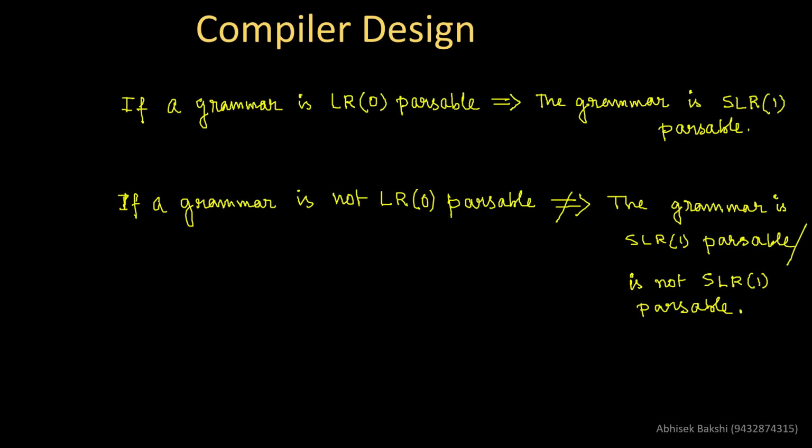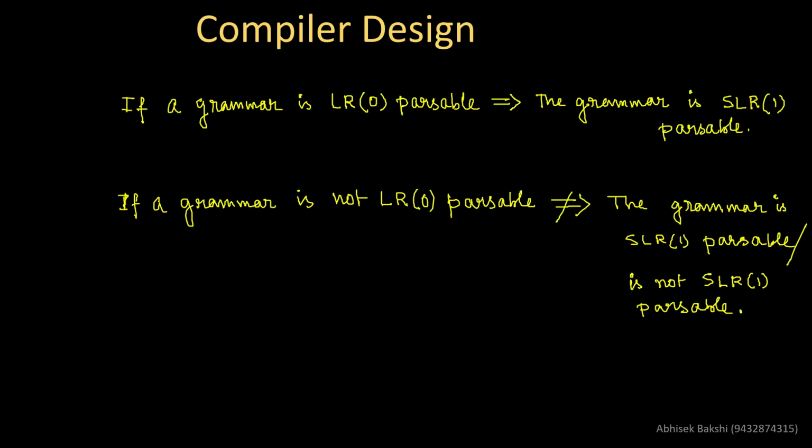Consider MCQs: obviously some people will ask you about a grammar that will be given. It comes in various questions. If you check some GATE questions, even some competitive exam questions, you will find that a set of production rules, or a grammar, is given, and it is asked whether it is LR0 parsable or not, or SLR1 or something like that.